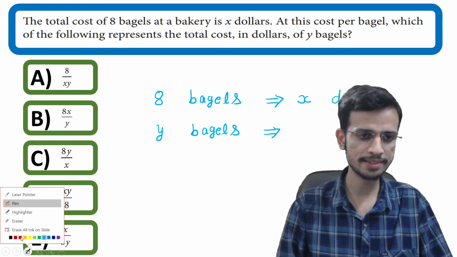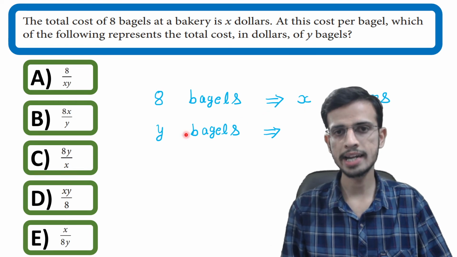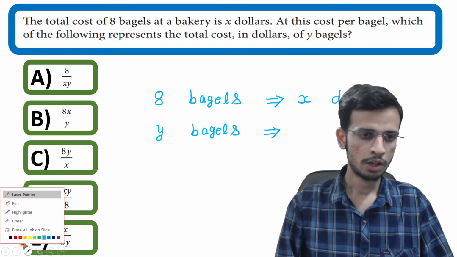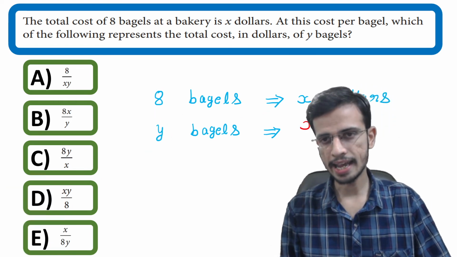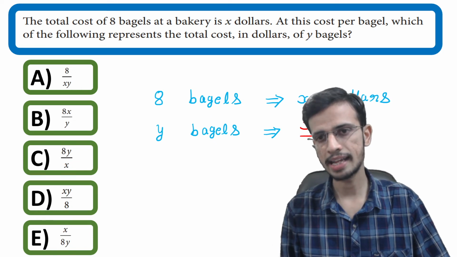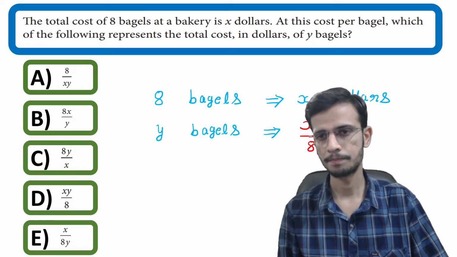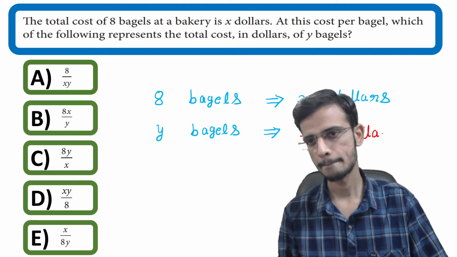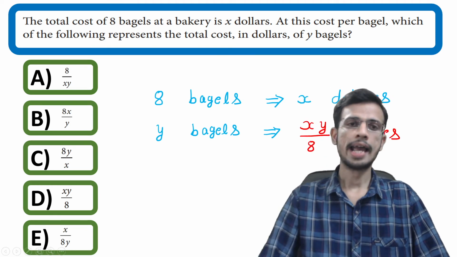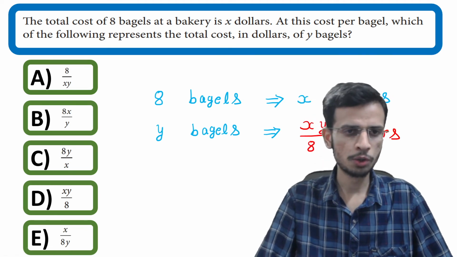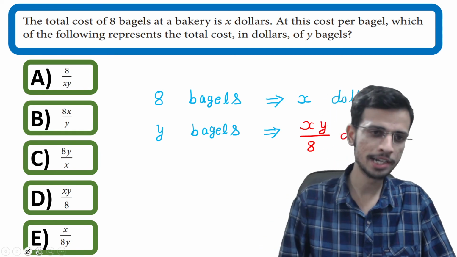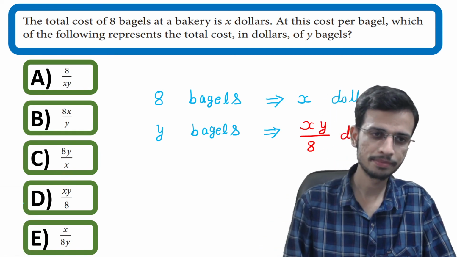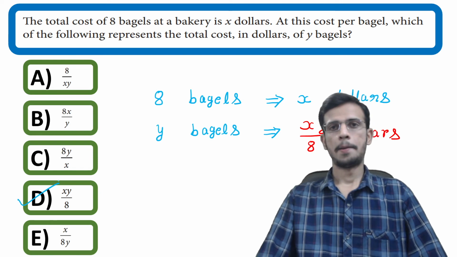We will be multiplying this and dividing by this one. So it will be X into Y divided by 8, right? X into Y divided by 8. So I think yes, option D is correct. XY by 8.